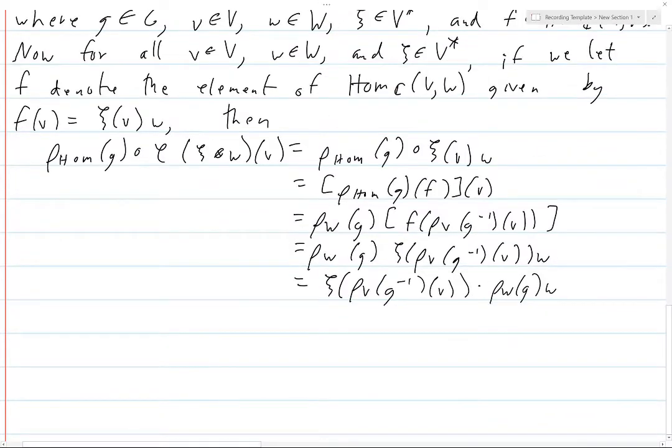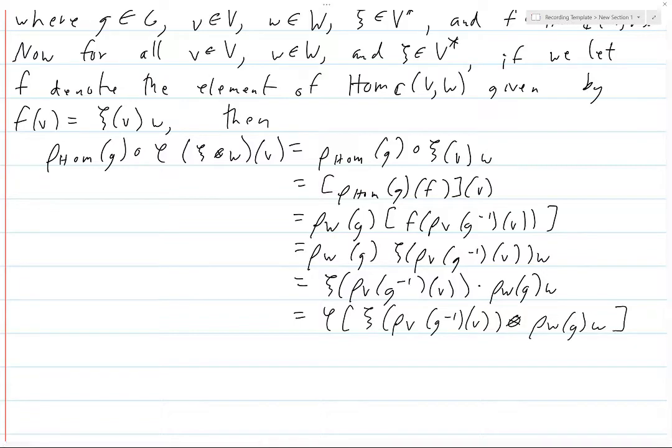Okay? And so now what is this? This is just, by definition, phi of xi of rho V of G inverse V tensored with rho W of G of W, because that is precisely how phi works.